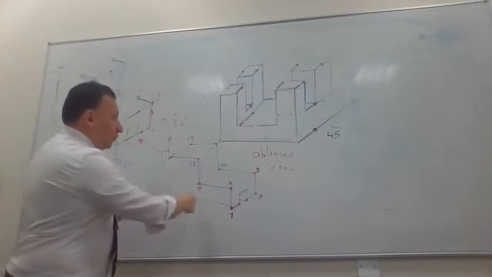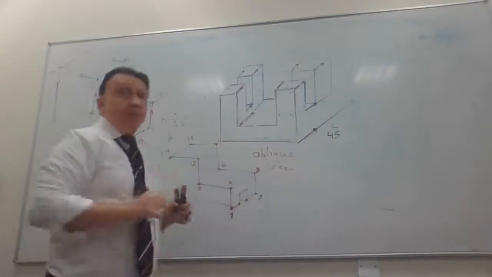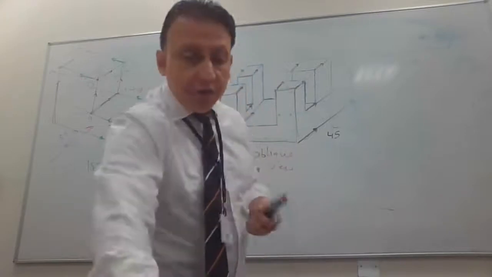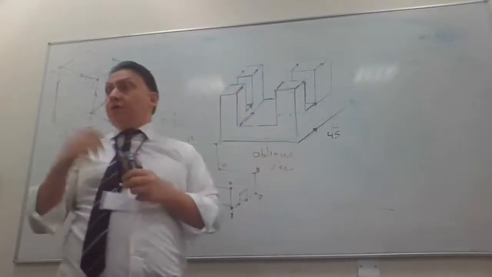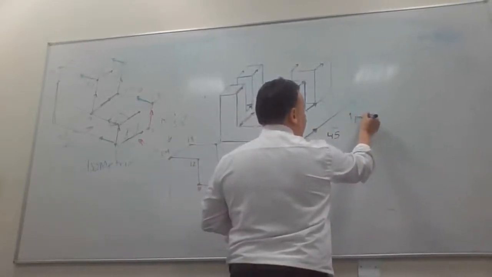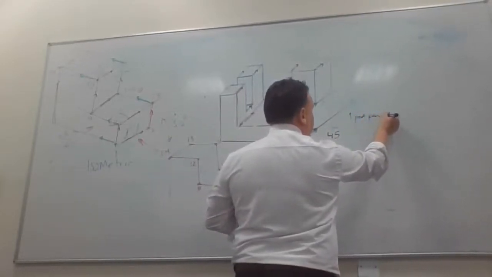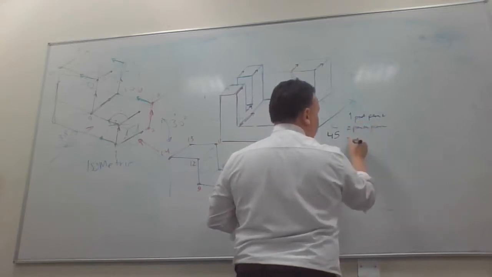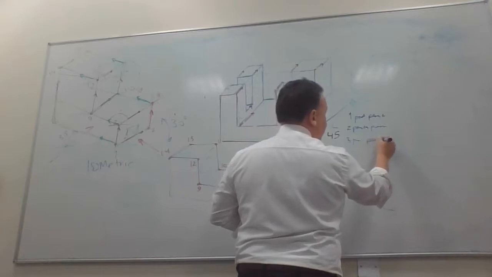As an example, I will draw this one in perspective view. First, how many conditions for perspective do we have? We have 3 conditions. We have 1 point perspective, 2 points perspective, and 3 point perspective.